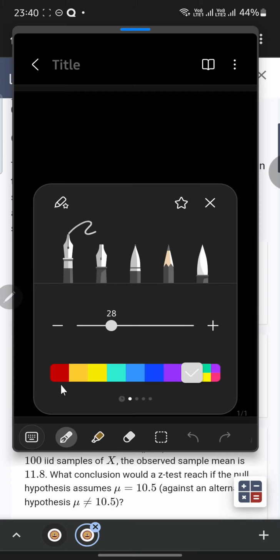So first of all, let us take the random variable, let us say x. This random variable represents the total marks obtained by the students in their respective board exams, right?